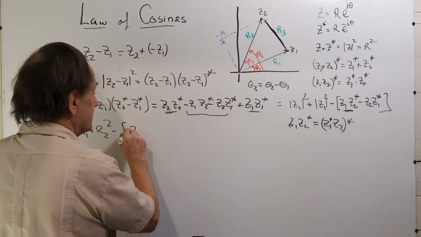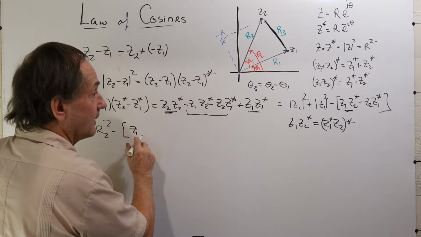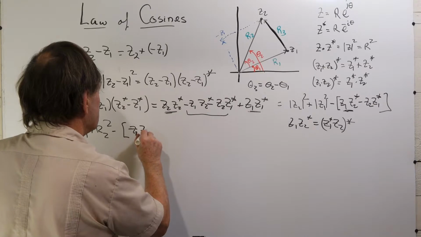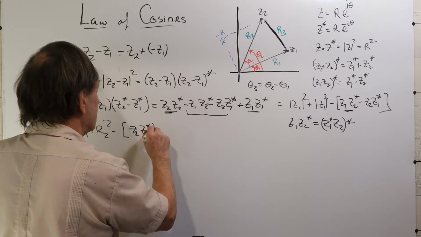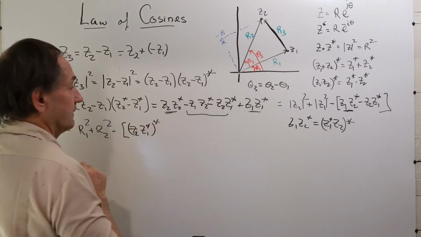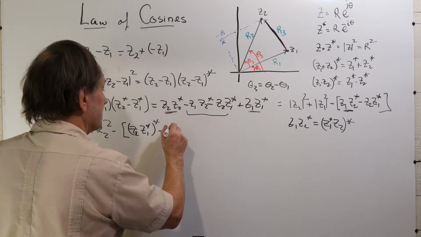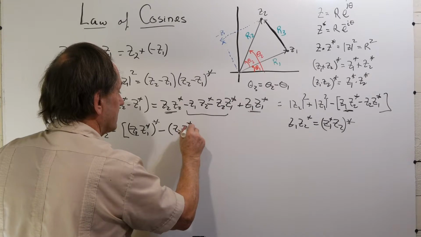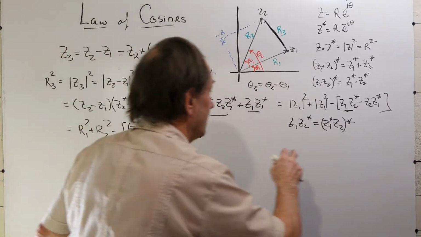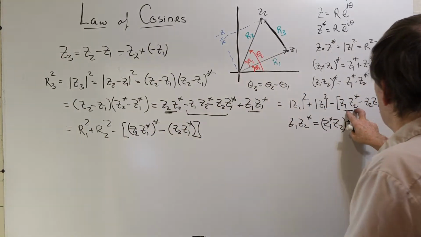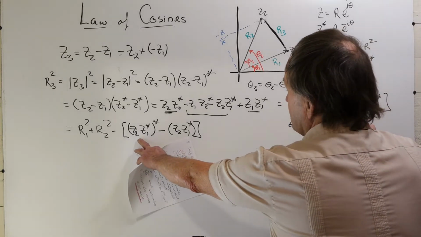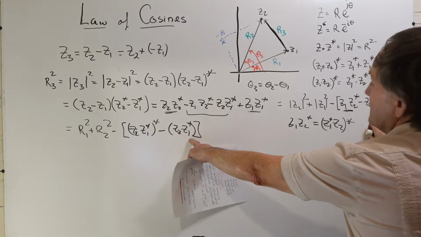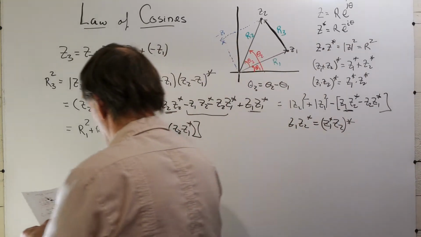So we have Z2 times Z1 conjugate minus Z2 Z1 conjugate. That's this portion here. Z1 Z2 conjugate can be written as Z2 Z1 conjugated minus Z2 Z1 conjugate.